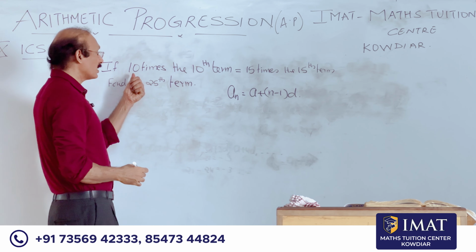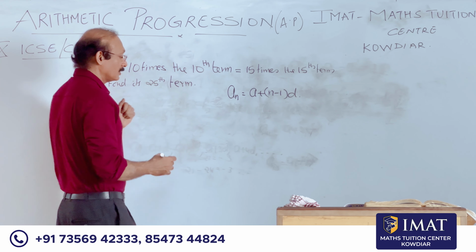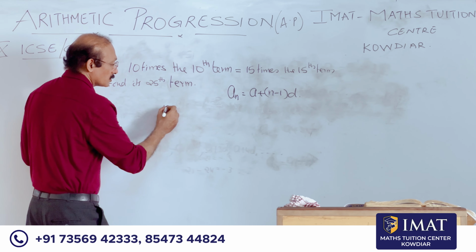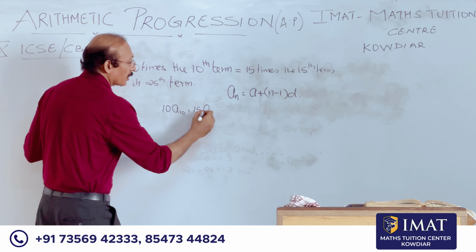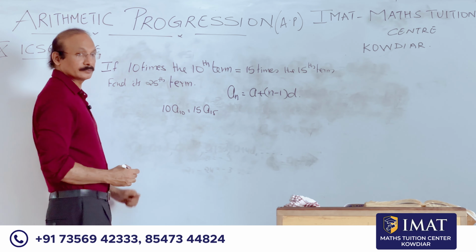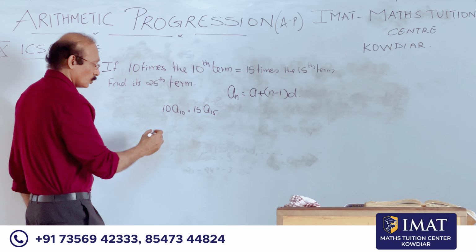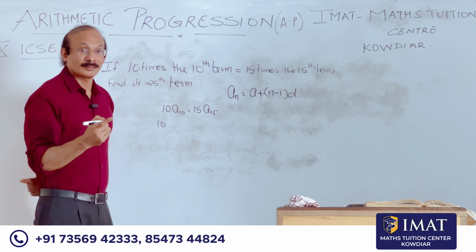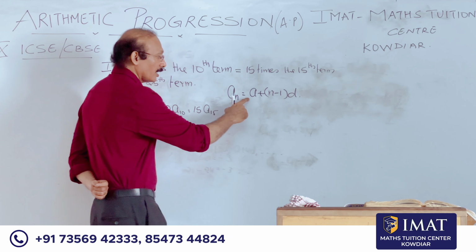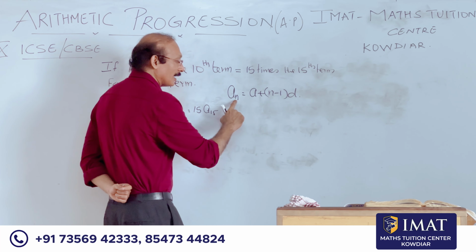Okay, so what is the condition given? 10 times the 10th term. So 10 times A10 is equal to 15 times A15. Am I right? So how do you say the formula for the 10th term? You know, the nth term is A plus n minus 1, one less than this.